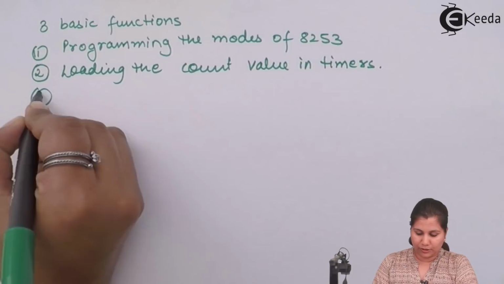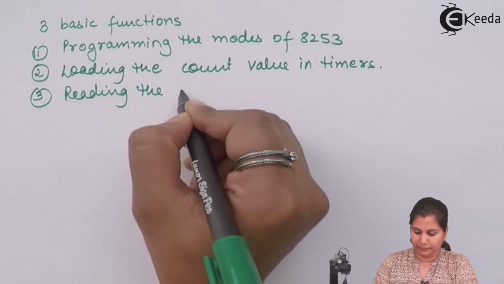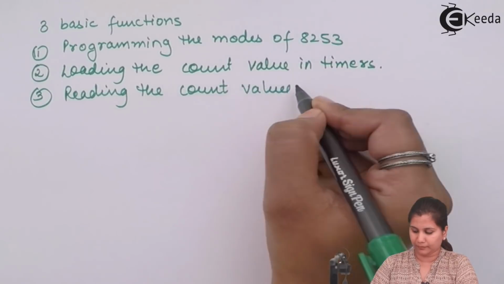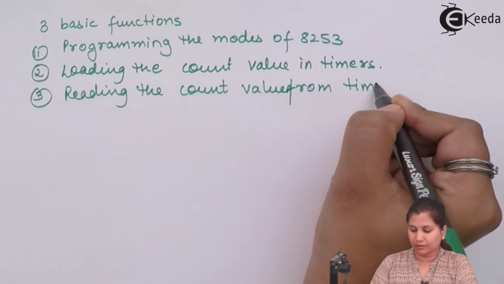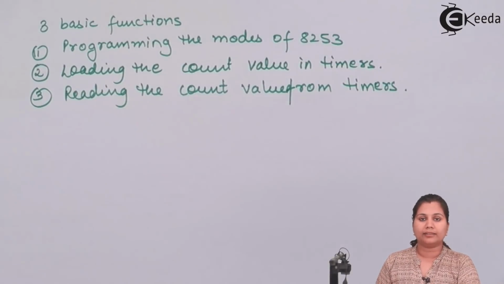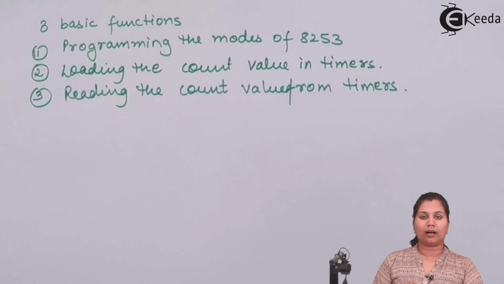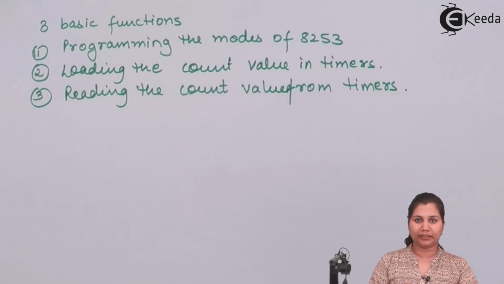Now the third function is reading the count value from the timers. Because we have loaded the count in the timers, the timers are going to decrement the count, and it will decrement until the count reaches 0 value.